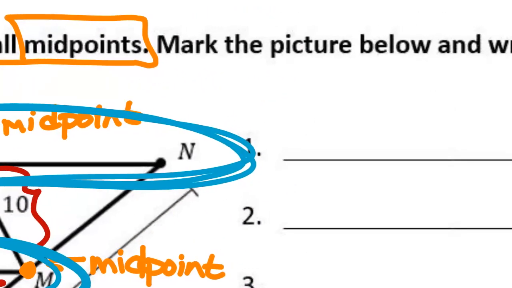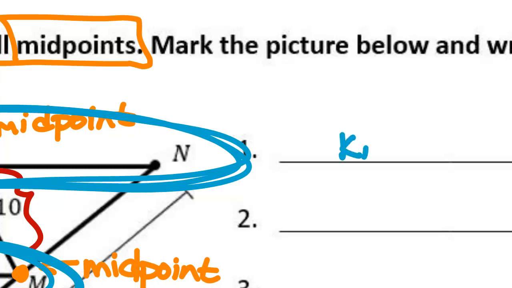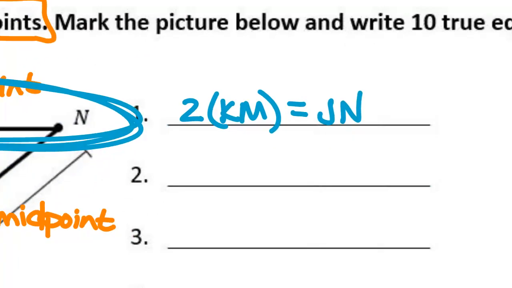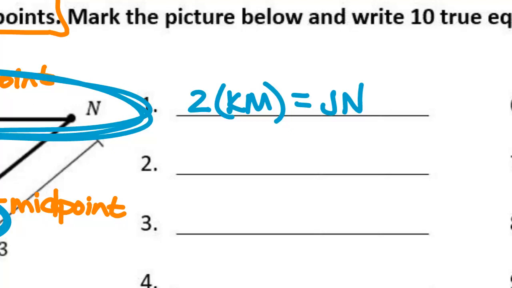Yes, the mid-segment times 2. So KM times 2 would be equal to JN. Or another way of stating that exact same thing, and I can get another statement out of this, is I could say KM is half of JN.